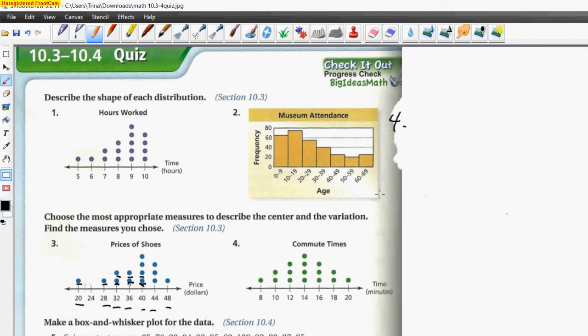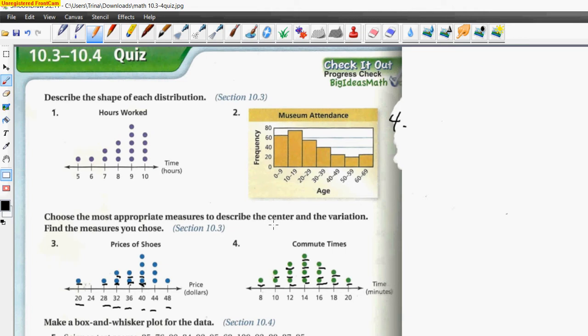What is the total number of dots? If you count all of these up, and we'll do it right now, okay? You count these up: 1, 2, 3, 4, 5, 6, 7, 8, 9, 10, 11, 12, 13, 14, 15, 16.